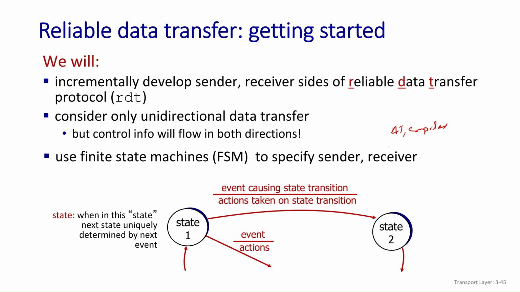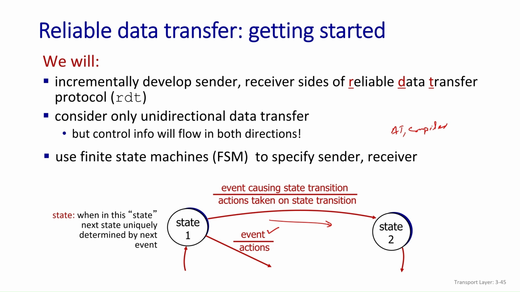So whenever I talk about representing a process in terms of a finite state machine, we have different states, and I can make a transition from one state to another state if an event takes place, and we take some actions as well.